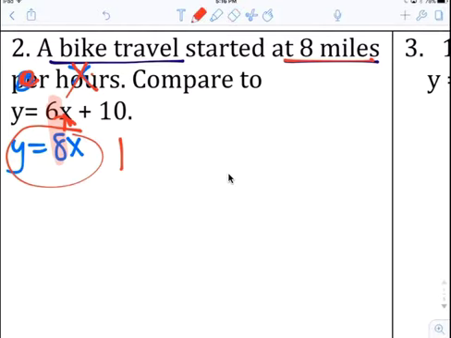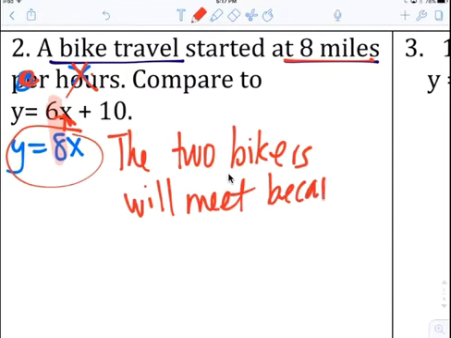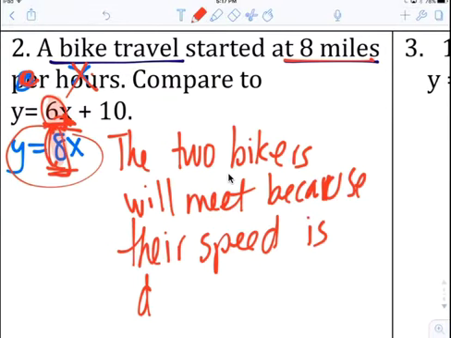The two bikers will meet because now you have to use their rate, that means their speed, this is their speed, is different. One is faster than the other one. This one will eventually catch up. It's different.